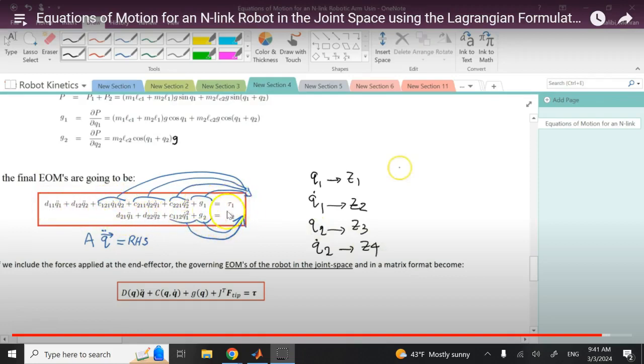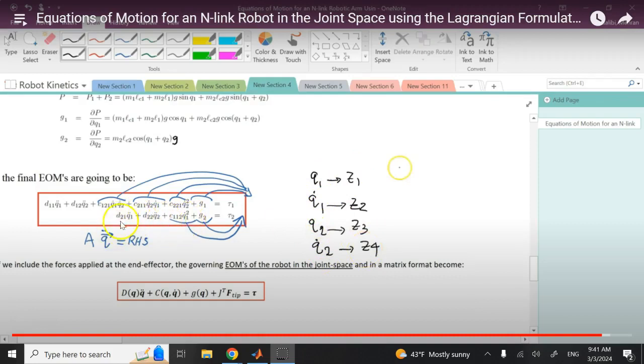And now, if you want to solve them, you have to what? Because they are both second order ODEs and nonlinear, you have to choose 4 dummy variables. If you remember, we picked our dummy variables like this, or any other format, as long as we can convert them to first order ODEs. So Q1, Q1 dot, Q2, and Q2 dot are those dummy variables that we chose.